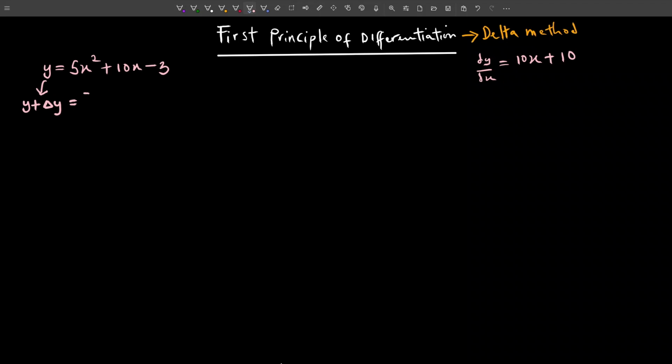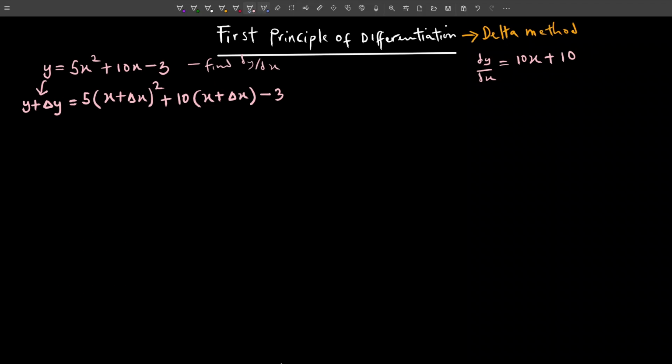So this will become 5 into bracket x plus change in x all squared, plus 10 into bracket x plus change in x, because this is also x, then minus 3. Don't forget, the question says find dy/dx.